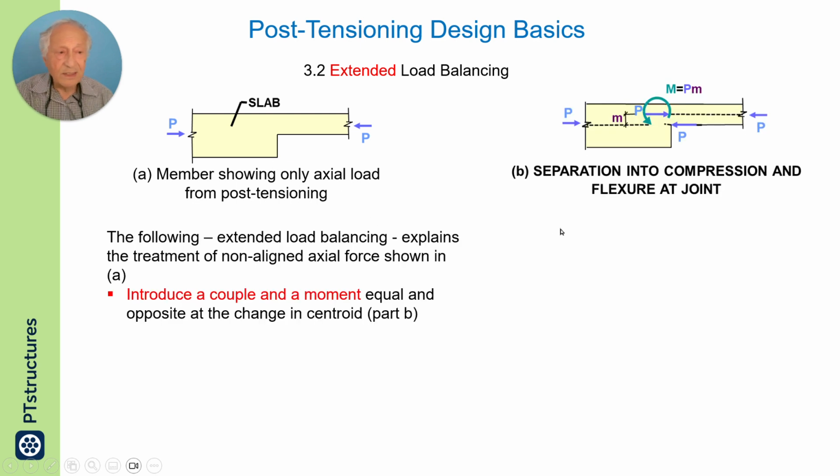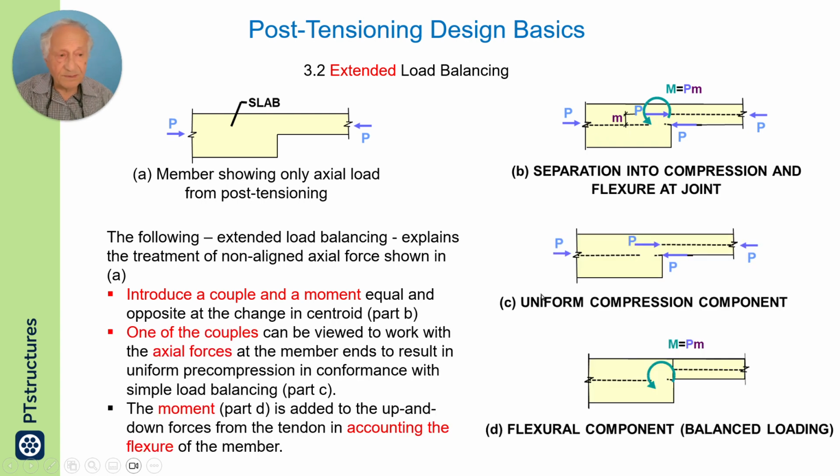The way it was proposed to handle is shown at top right. At the change in cross-section, two couples are introduced, one counterclockwise, one clockwise, equal and opposite. Because the two couples are equal and opposite, it does not disturb the equilibrium of the system.